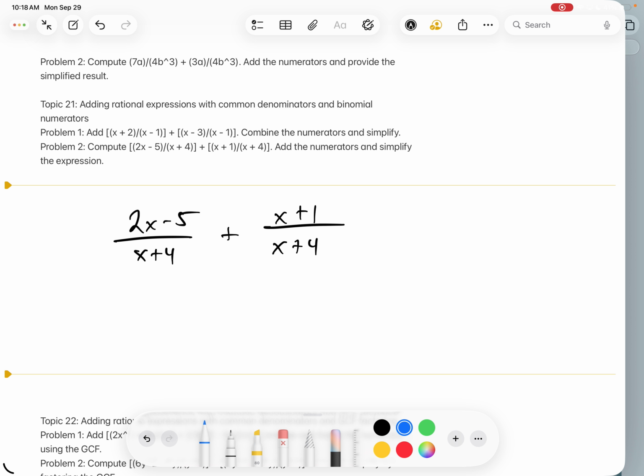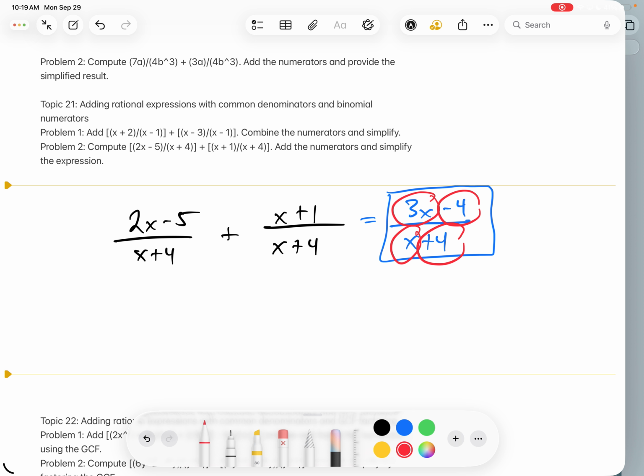Again, it does not matter what is on the denominator. If it is the same, you keep it the same all the way throughout. Now you just combine like terms. 2x plus x would be 3x. Negative 5 plus 1 would be negative 4. And we cannot simplify this at all because there are 4 terms. 1, 2, 3, 4. They all have to have a 4 in it. They all have to have an x in it. They all have to have something the same to be able to divide it.